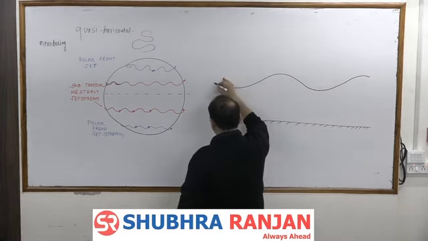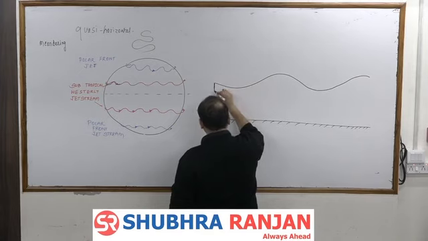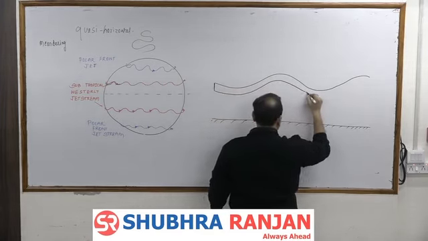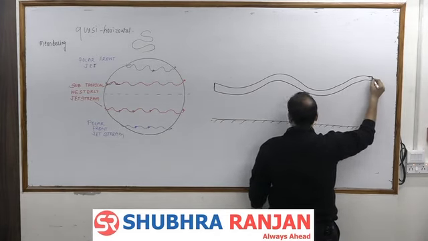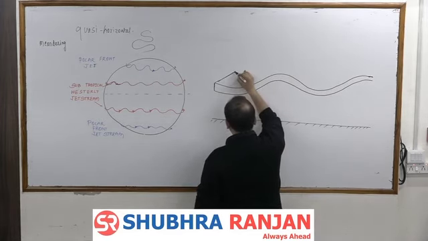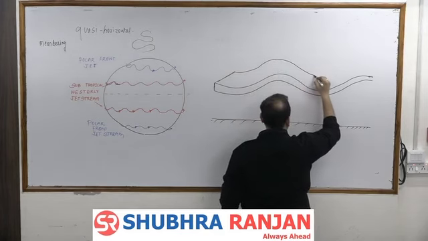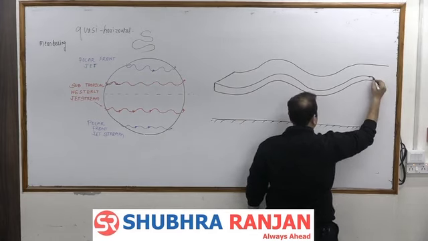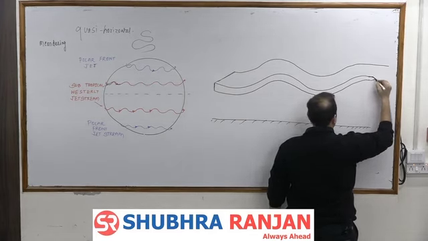Jet streams do not originate over the equator. Because both the air masses have similar characteristics or properties. Second characteristic.